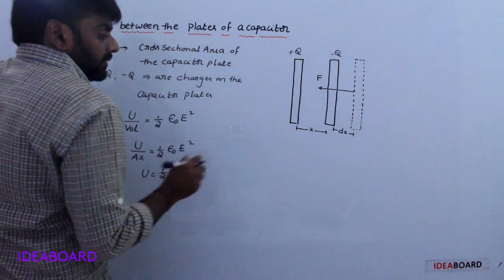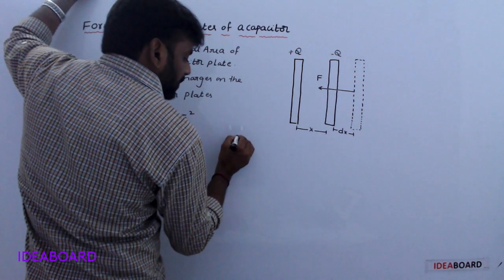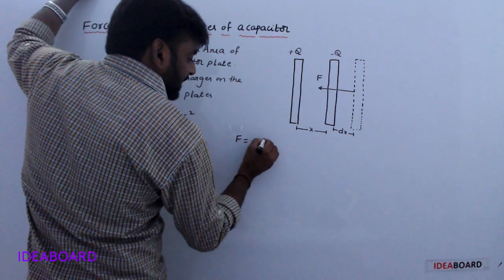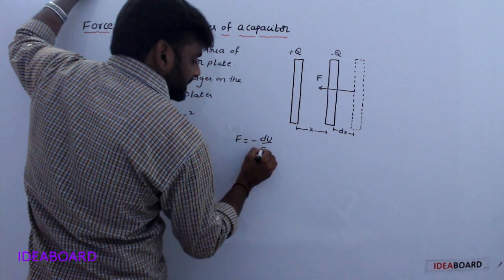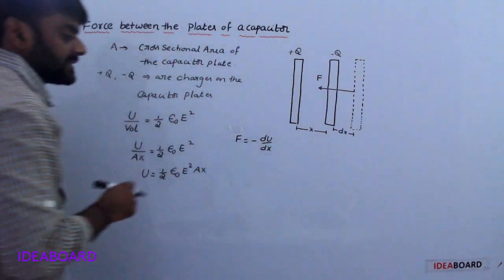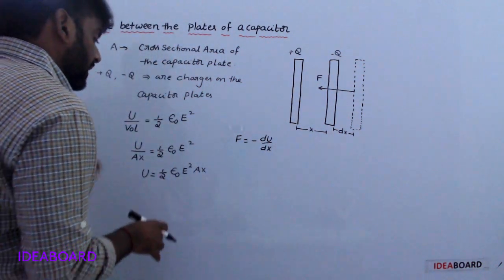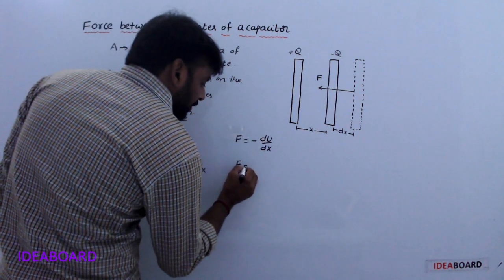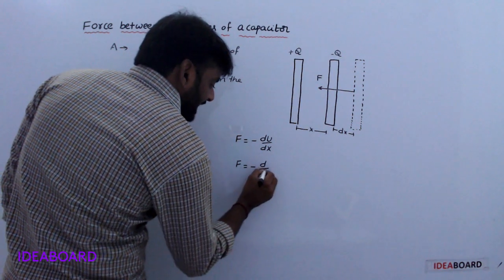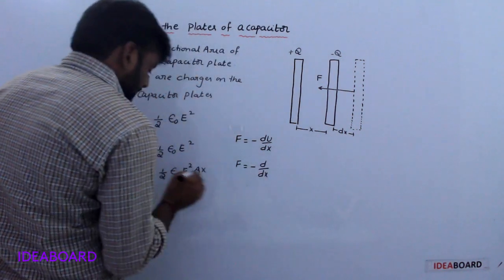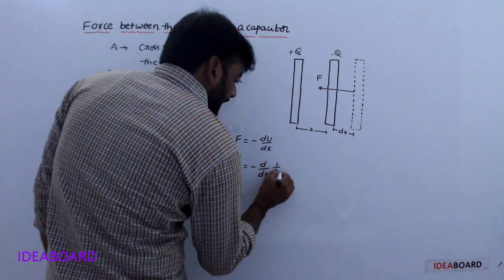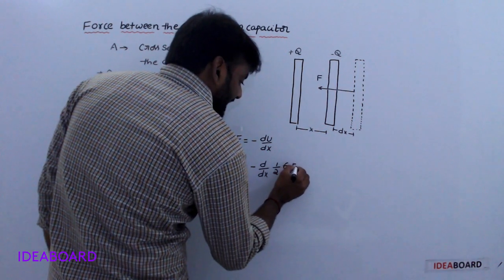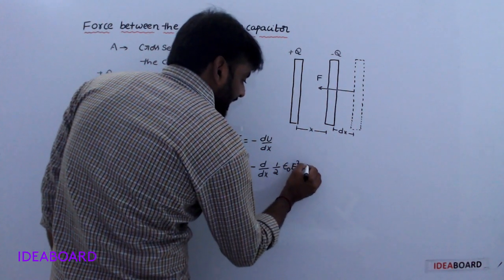You know the relation between force and potential energy: F is equal to minus dU by dx. Substituting the energy here, F is equal to minus d by dx of half epsilon naught E square A x.